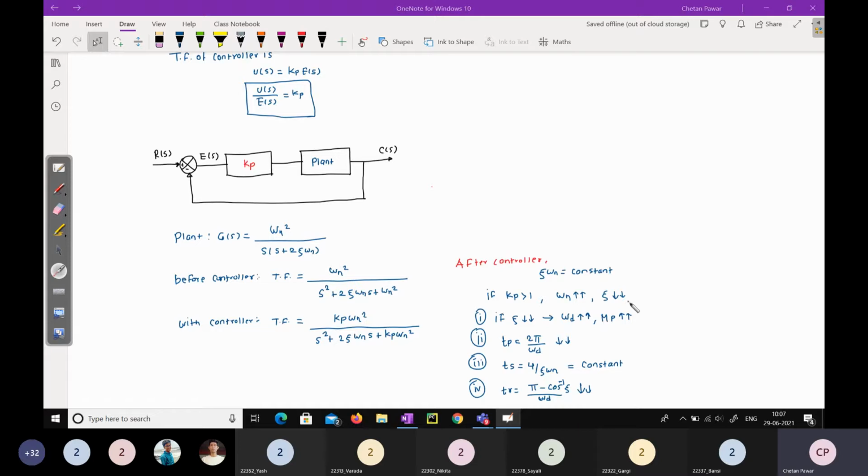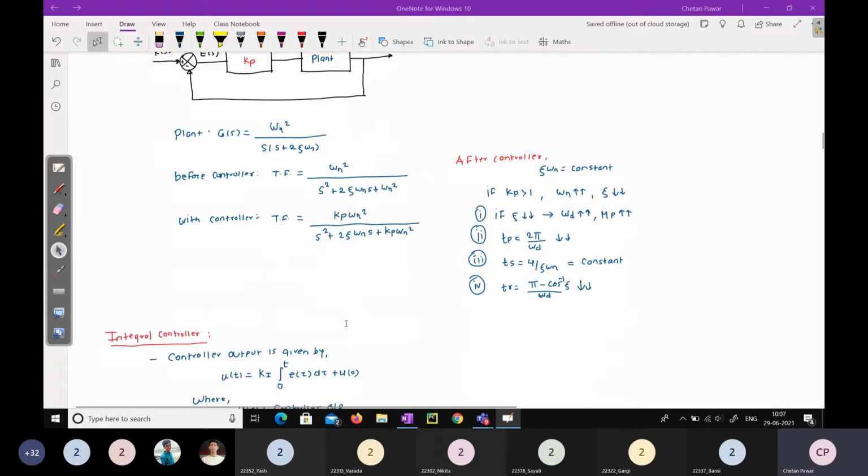Because if you want to calculate zeta here, you know the omega n is kp into omega n square, and this is your 2 zeta omega n.